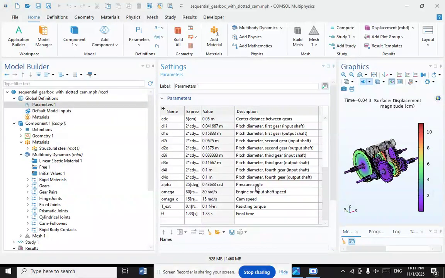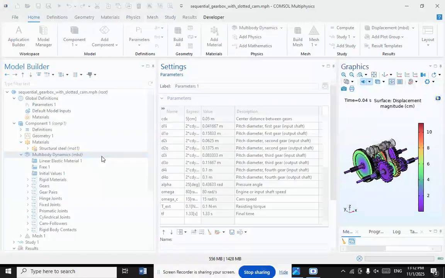The pressure angle is 25 degrees or 0.43 radians, the engine or input shaft speed is 80 radians per second, and then cam speed, resisting torque, and final time.